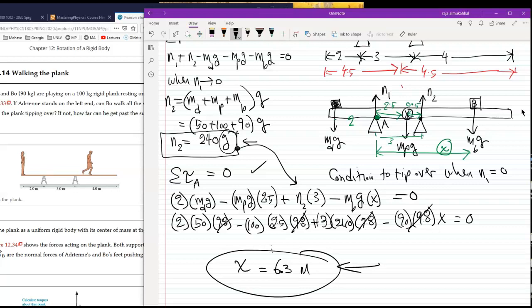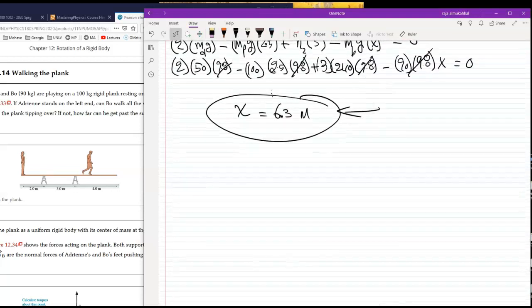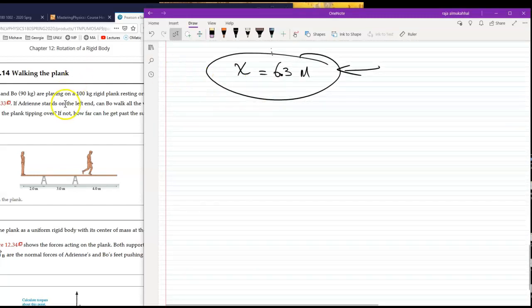Got it? Okay. One more problem, the ladder problem. What is the ladder problem? Oh, it is example 12.15. Let me take you there.